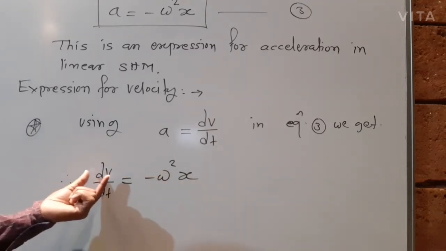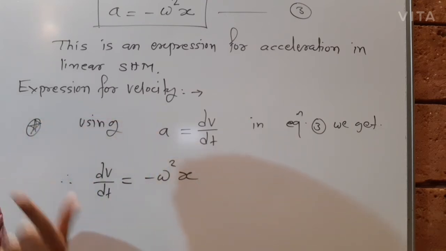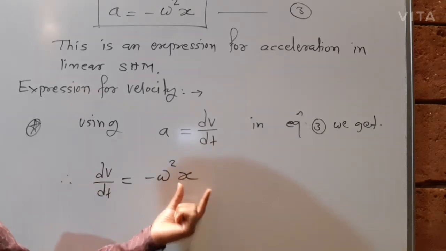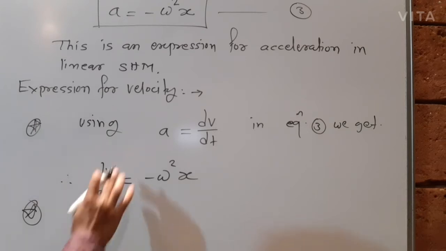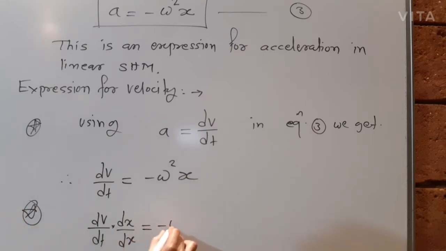Now we are going to separate v from dv by integration. And therefore in order to eliminate t and bring in x, our next step is also an important step. It seems to be a simple step, but it is very important: a multiplication of dx by dx means only multiplication by 1.